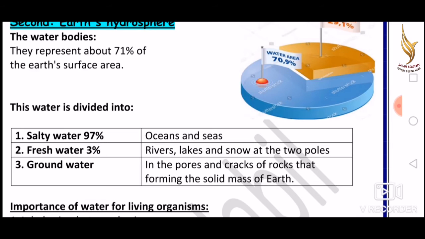Fresh water represents 3% of the water bodies, like river, lakes, snow at the two poles. And groundwater, or underground water, is found in pores and cracks of the rock.